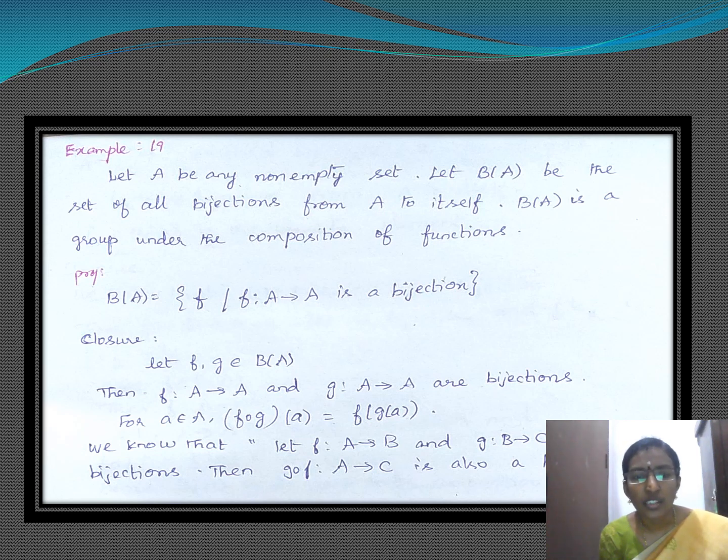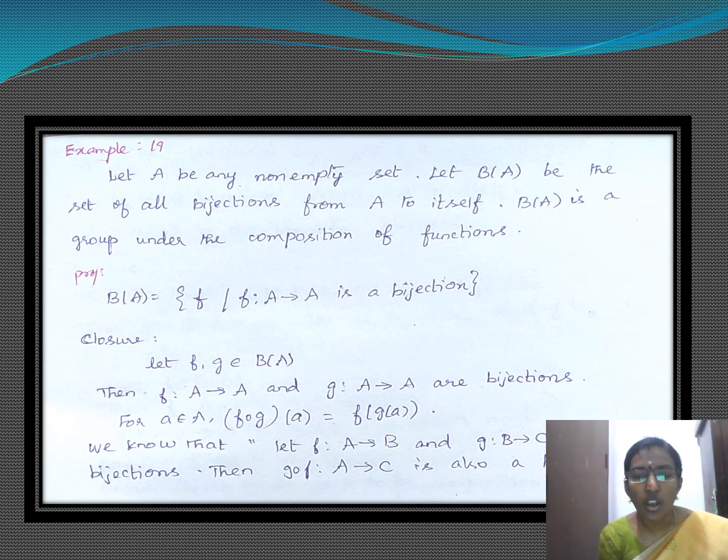For this, let me take two elements from B(A), f, g. Then f from A to A and g from A to A are bijections. By the definition of composition of functions, for any a belongs to A, (f composite g)(a) is equal to f(g(a)). We know the result: let f from A to B and g from B to C be bijections.